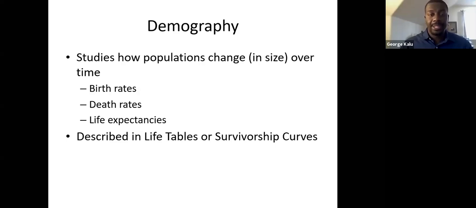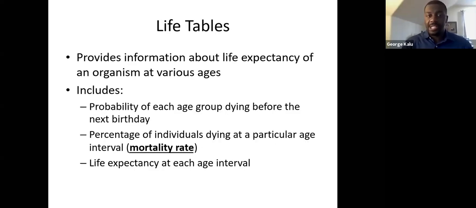The first ones we're going to take a look at are life tables. Life tables give information about the life expectancy of an organism at different stages, or different ages, I should say. A life table will include many characteristics, but the most important ones are the probability of individuals of each age group dying before their next birthday.